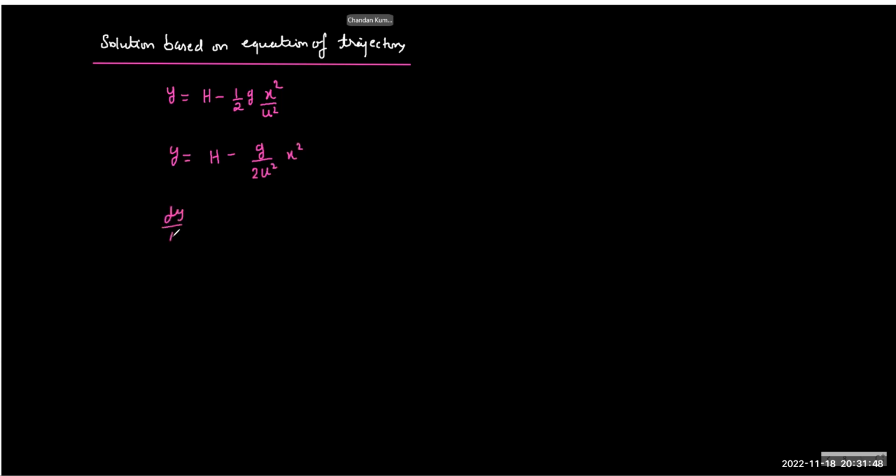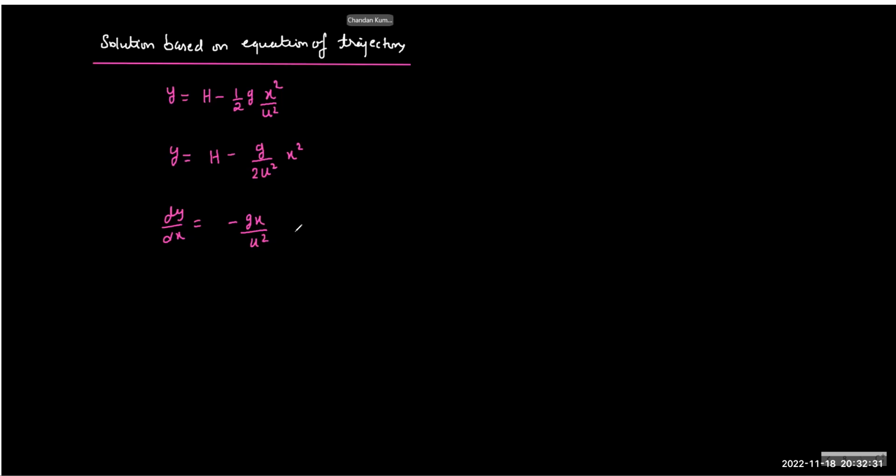So can we differentiate dy by dx? What will be dy by dx, guys? Tell me. Minus gx by u square. h is the constant, so it will become 0. And differentiation of x square will be 2x. I hope you all know the differentiation.